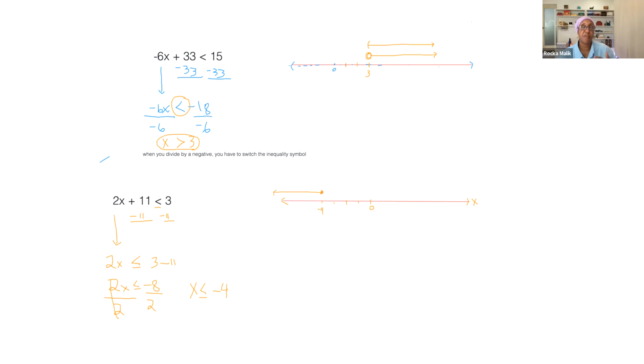And instead of open parentheses, we would use the brackets, which is a little like English forcing their way into our math stuff. They use the hard bracket to show that -4 is also a solution and everything to the left of it.